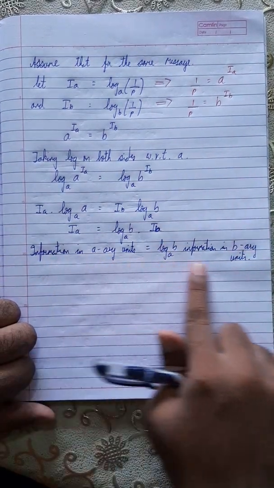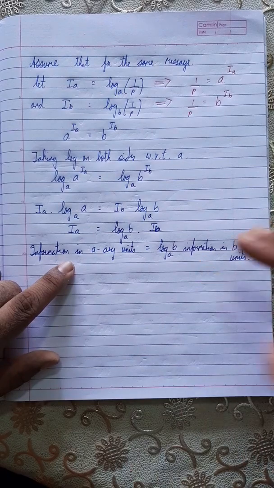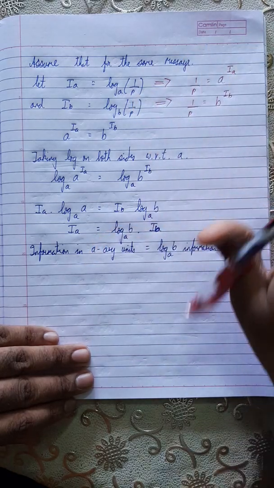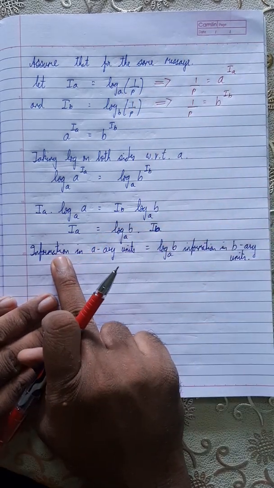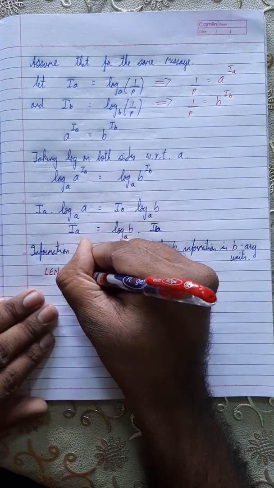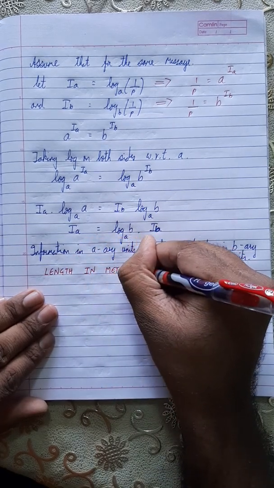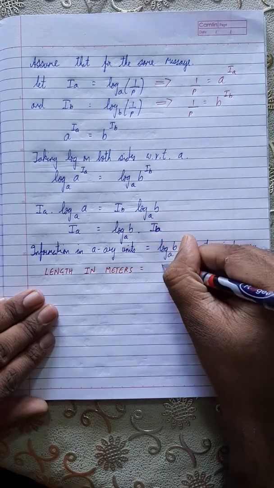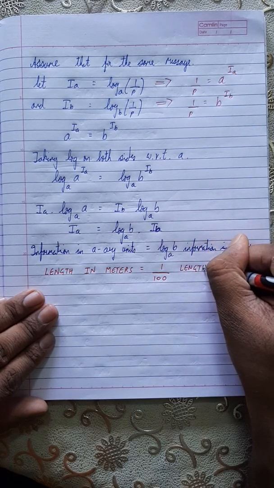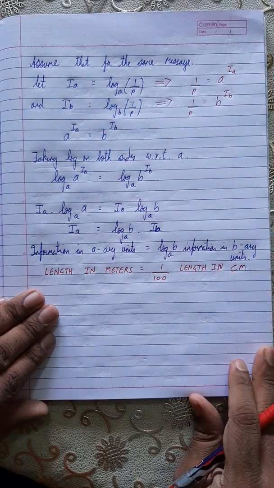Now look at this sentence. To understand it, let me write an analogy. Suppose I take meters and centimeters. Writing meters and centimeters in this format, length in meters is equal to 1 by 100 times length in centimeters.